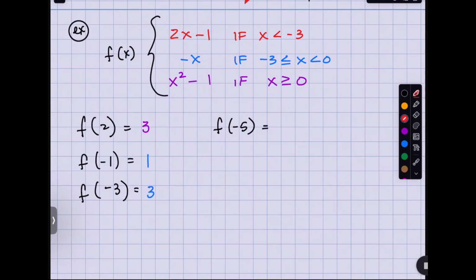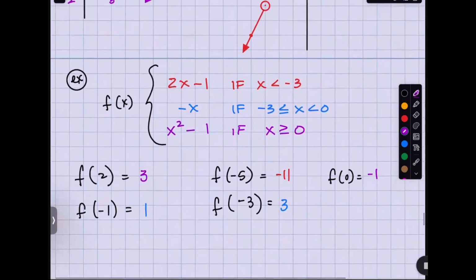If I said f of 0, which one would that be? Purple? But check this out, guys. Look at this.